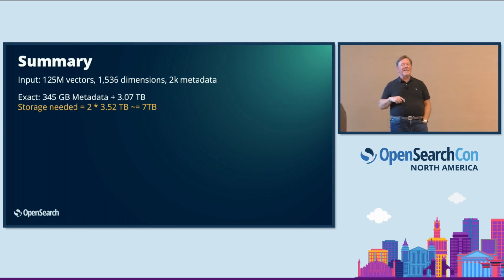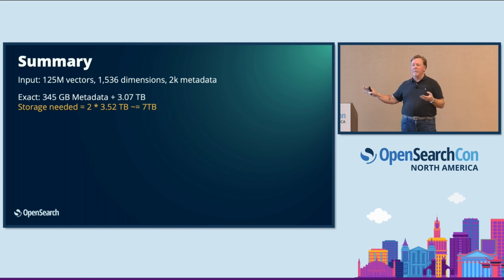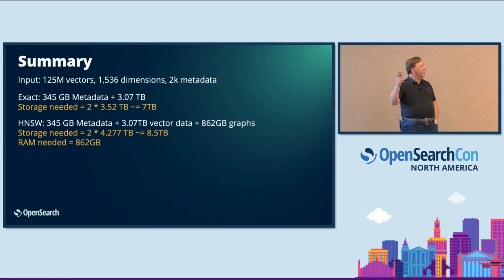If you're going to do exact matching, you don't have any of the approximate stuff, then we need 2 times the 3.52 terabytes. That gives me about 7 terabytes of storage that I need to deploy to hold that. If I use HNSW, then I have 345 gig of metadata, 3.07 of vector data, and 862 of graphs.